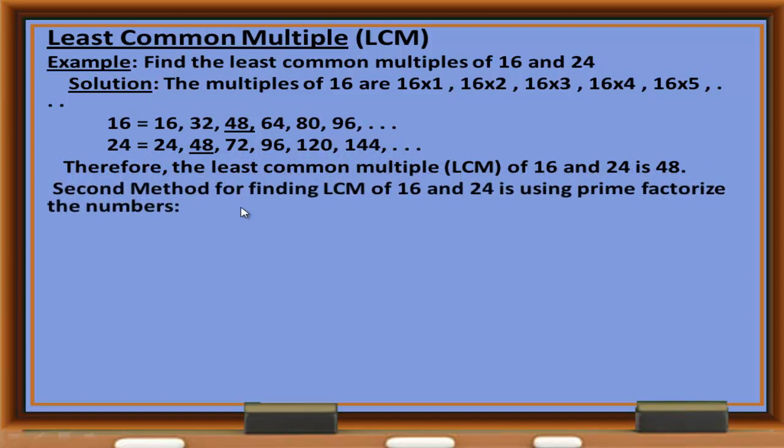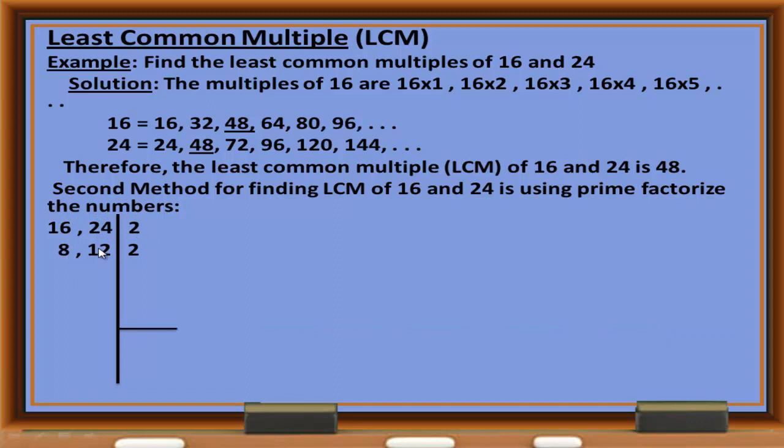The second method for finding the LCM of 16 and 24 is using prime factorization. That is, for 16 and 24, the least prime factor is 2. They can be divided by 2 without remainder. Then 16 divided by 2 is 8. 24 divided by 2 is 12.